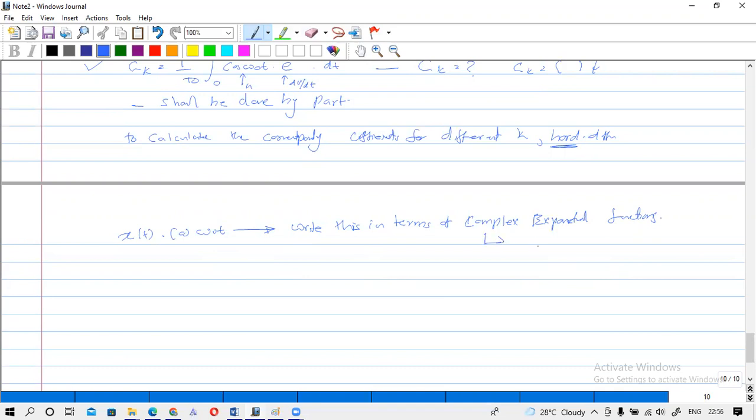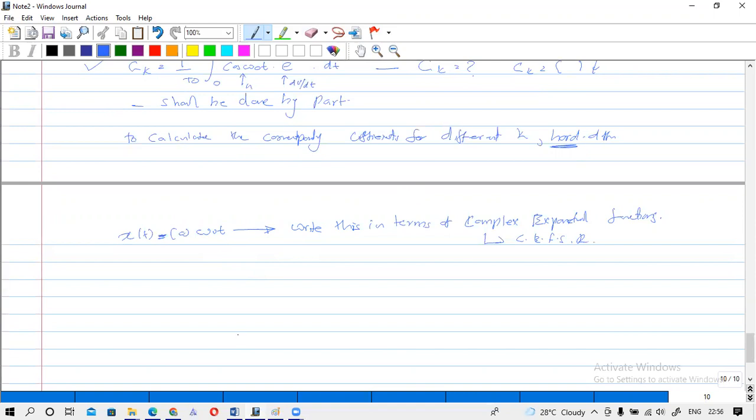Actually, that is our complex exponential Fourier series representation. So can you imagine any method to write this as a collection of complex exponential terms?